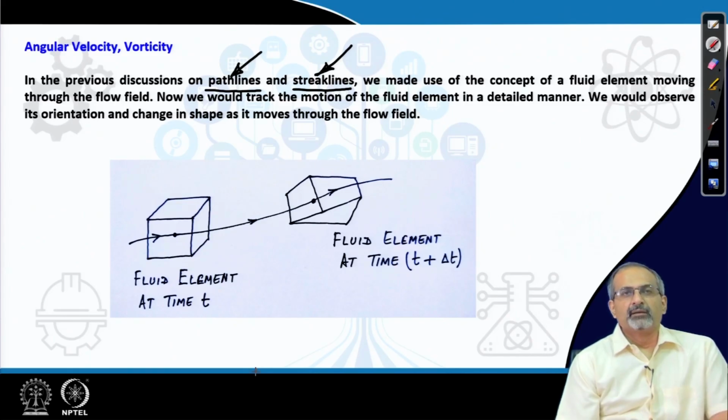So, in both the cases we were following fluid elements, but we never bothered about whether the fluid element's shape and size and orientation etc. changed as it moved through the flow field.